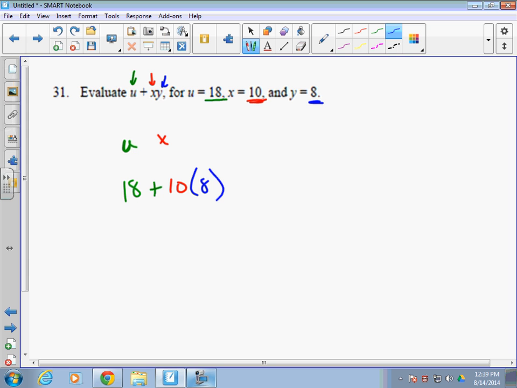Now, order of operations we hadn't talked about yet, but you have to multiply. This isn't the first time y'all heard order of operations. Please excuse my dear Aunt Sally. You have to multiply before you add. 10 times 8, you do that first to get 80 plus 18. And when you add 18 and 80, you get 98.